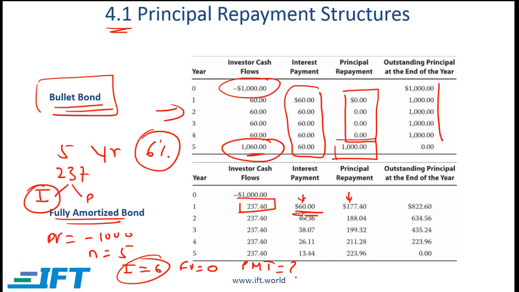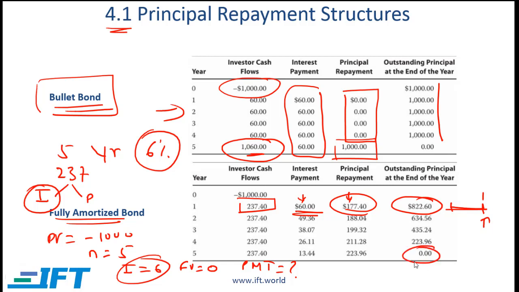The principal repayment then must be 237.40 minus 60, which is this number. The outstanding amount at the end of period 1, which is this point over here, is 1000 minus 177, which is 822.60. We keep doing this for 5 periods.